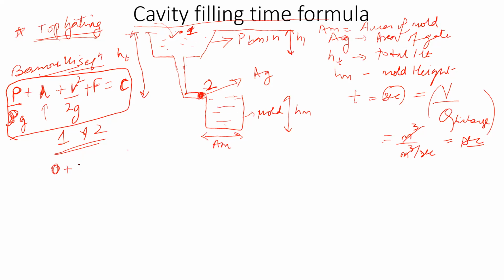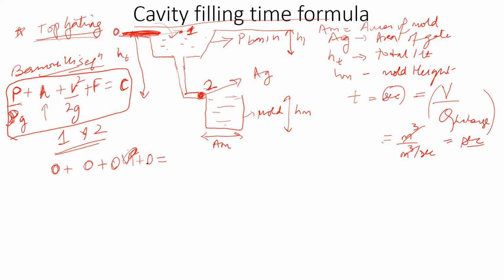If I take this as the reference point, H also becomes 0. V will also be 0, because we are just pouring it, so there is no external velocity, and frictional losses we are assuming 0. So everything becomes 0 at point 1.